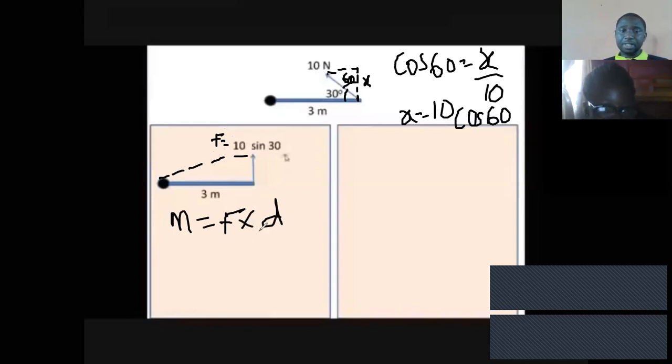Now that becomes 10 sine 30 or 10 cos 60, times 3. Cos 60 is half, times 10, which is 5, times 3, which is 15.